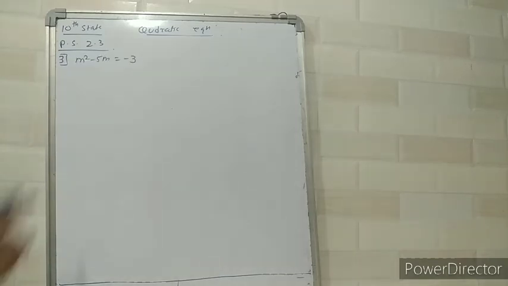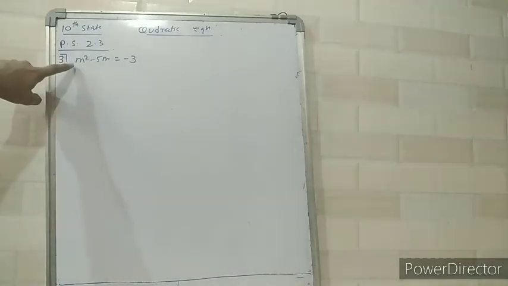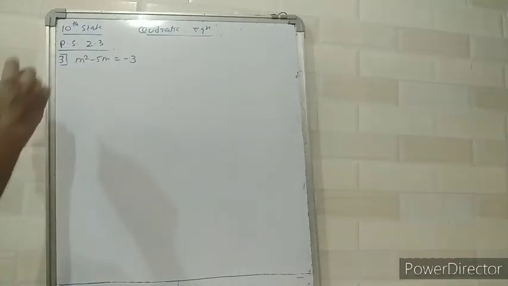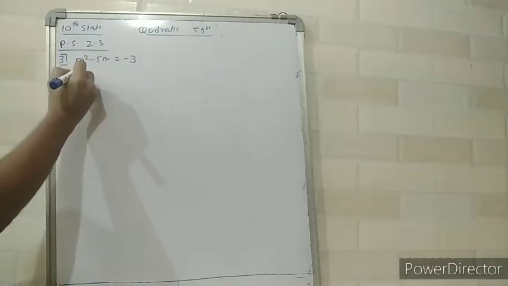Okay, in the third question we have m square minus 5m is equal to minus 3. The very first step of ours is that the coefficient of m square should be 1. So is it 1? Yes, it is. Now you need to shift the constant part, and the constant part is already shifted. We will directly use the completing square method.